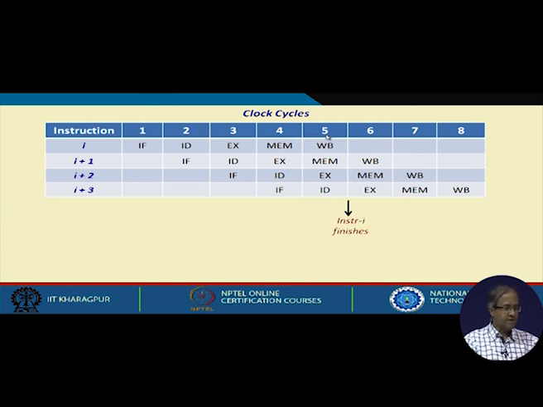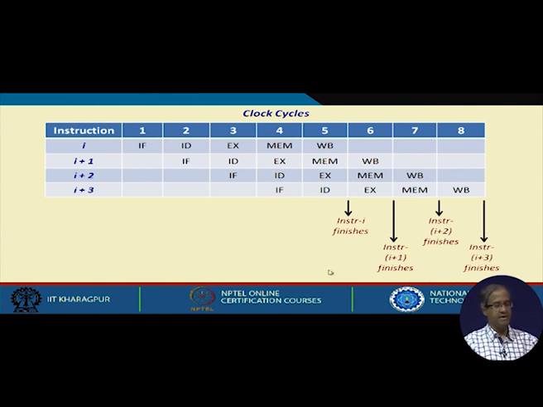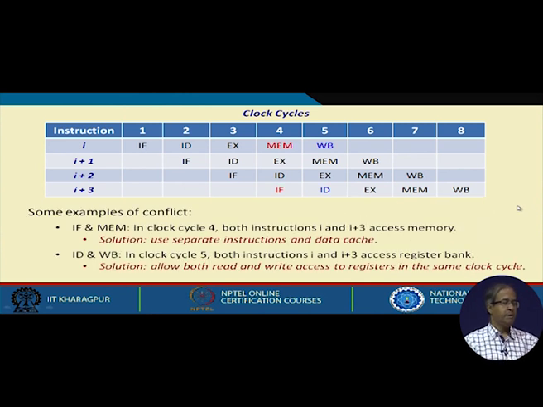After time step 5, instruction I will finish, then at time step 6 instruction I plus 1 will finish, at time step 7 I plus 2 will finish, and at time step 8 I plus 3 will finish. So, as I said, after the initial delay for the pipe to get filled up, in the ideal case you will be getting one instruction completion every clock cycle. That is the beauty of pipelining.